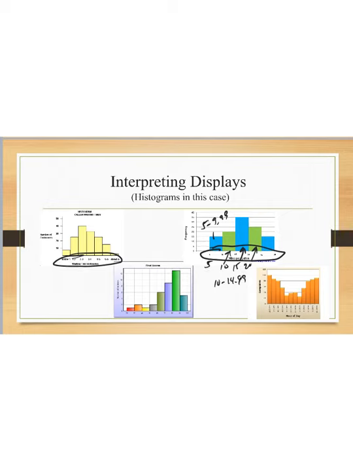Now, this one that I've been looking at is pretty easy to describe because we see that it's symmetric. Its median is somewhere in the 15 to 20 range, which is also where its mean would be because it's so nicely symmetric. Its range, the lowest value we could have in this data set is 5, and the highest value we could have is really 29.99.